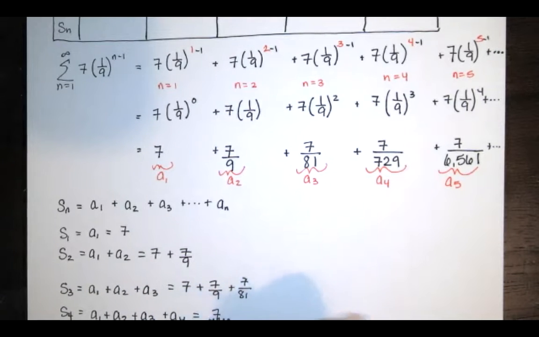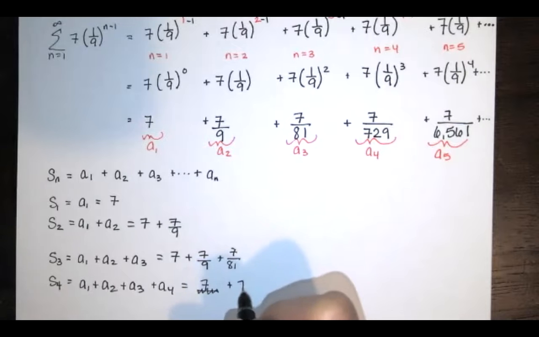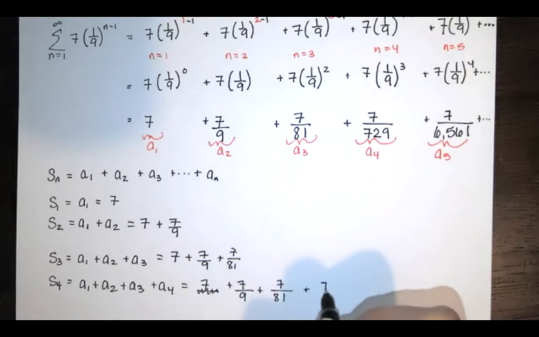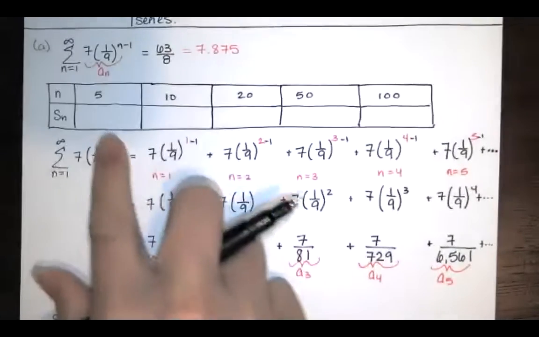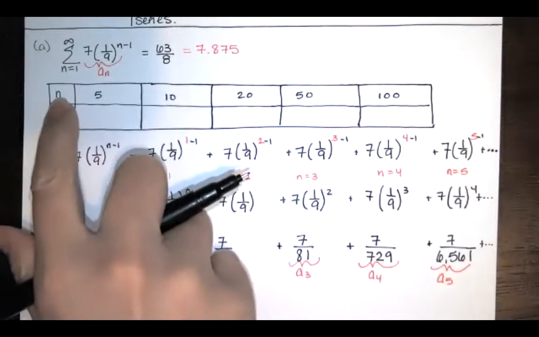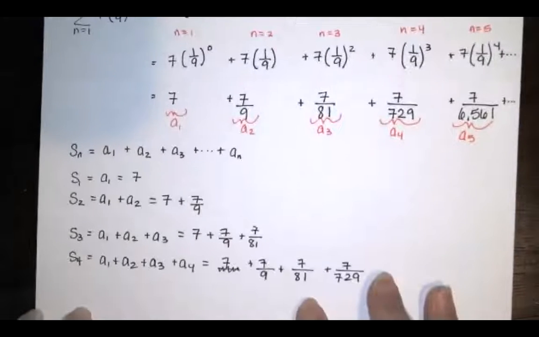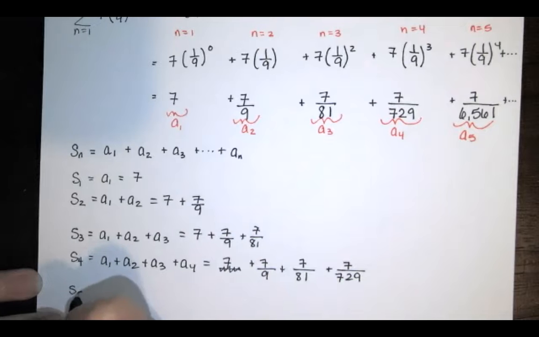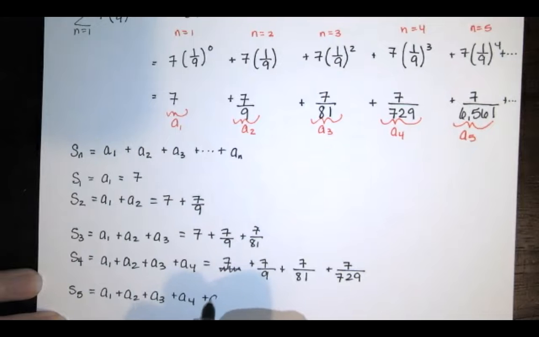Oops, I guess I don't need that because the first one's a 7. And we were asked for S sub 5 here. They say when n equals 5, find the fifth partial sum. And that's just the sum of the first 5 terms.